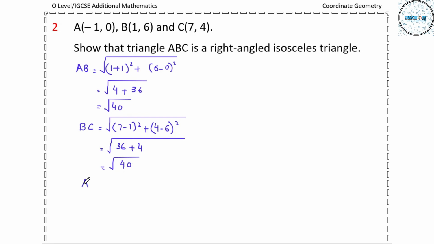Now we will take out the length of AC. So AC is equal to square root of 7 minus 1. So it will become 7 plus 1 whole square plus 4 minus 0 whole square, which is simply 4 square.